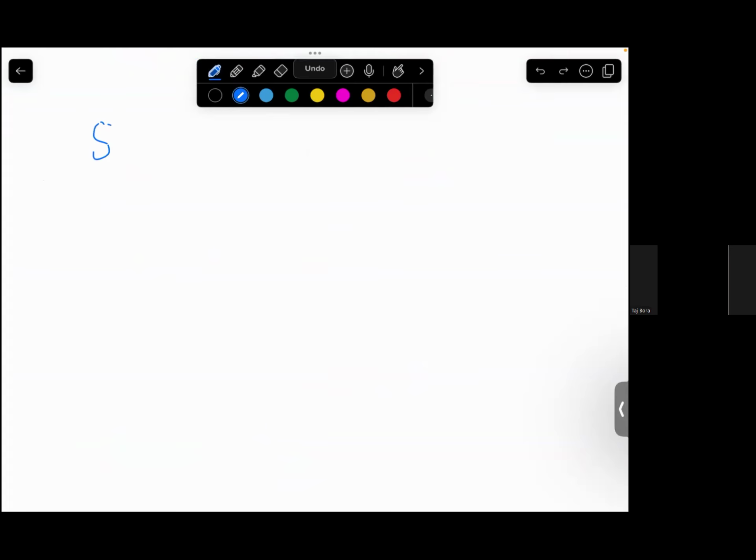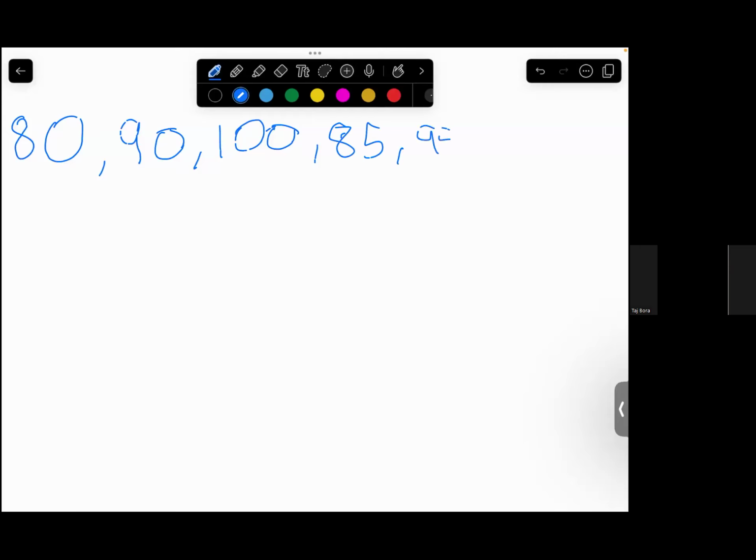The scores on his last 7 tests were 80, 90, 100, 85, 95, 100, and 90.